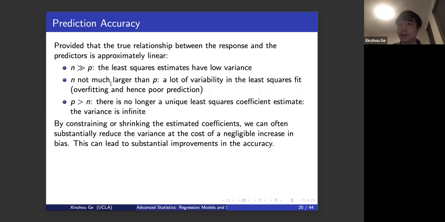So to summarize, least squares only has the best performance when we have a large number of samples. But in reality, in most cases, we do not have so many samples, and in some cases we instead have a large number of predictors which can be considered. That's why we need to consider some other criteria other than the sum of squared errors.